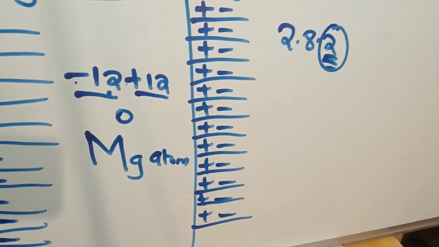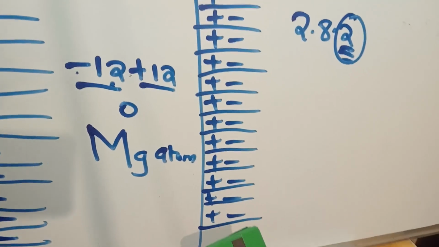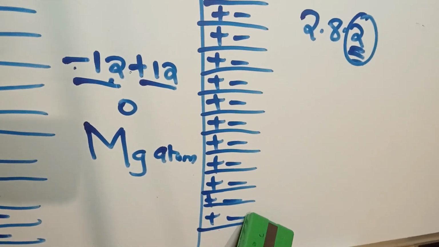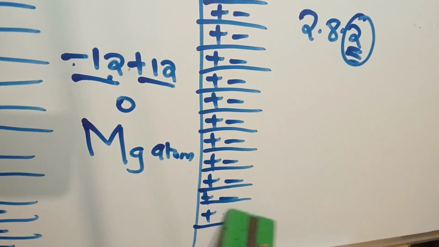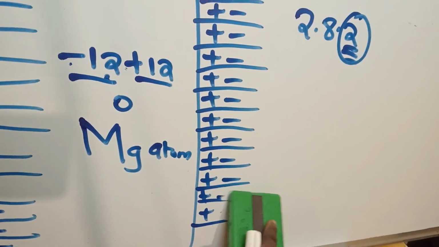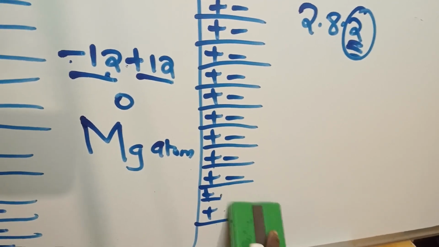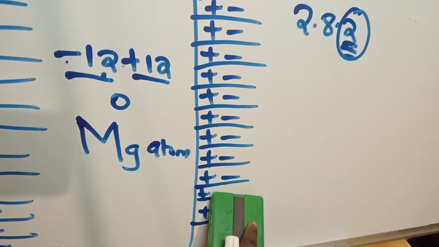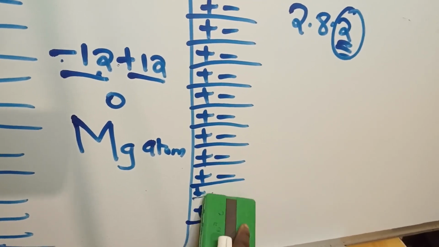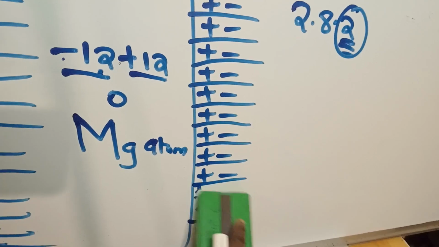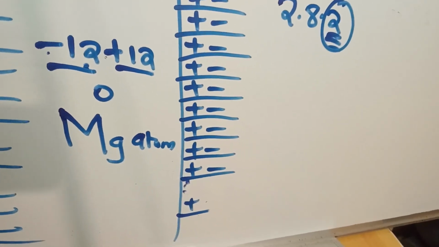So we will rub 2 electrons from the bottom. We rub this one, and this other one. So these 2 are not there anymore. Let me also rub this line that is in between.